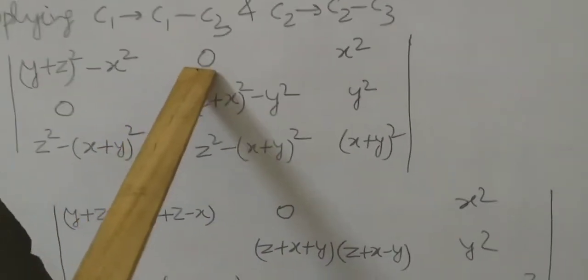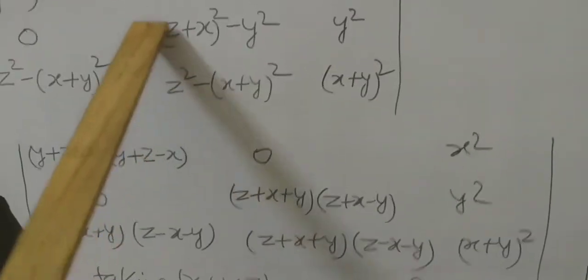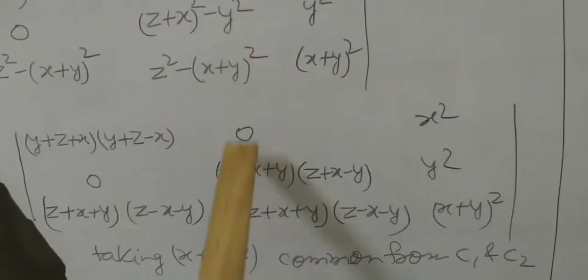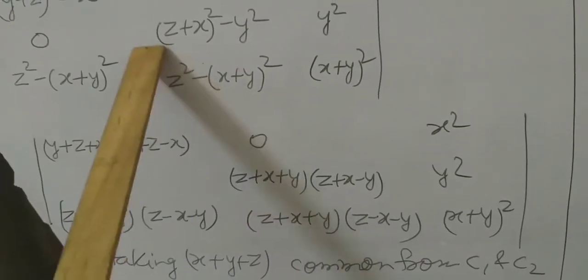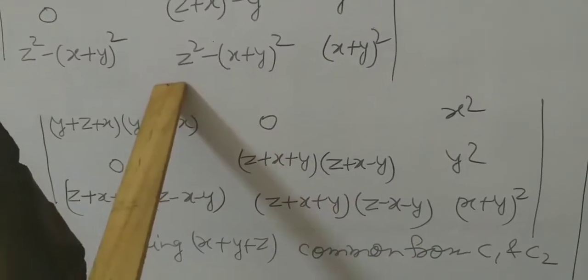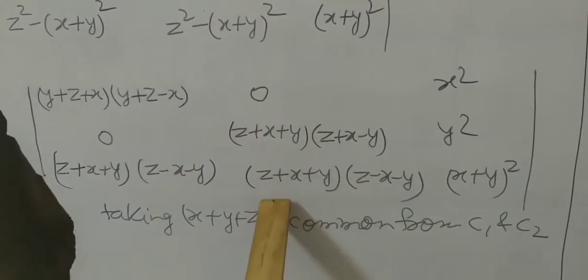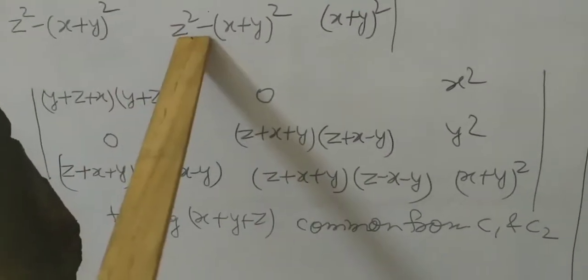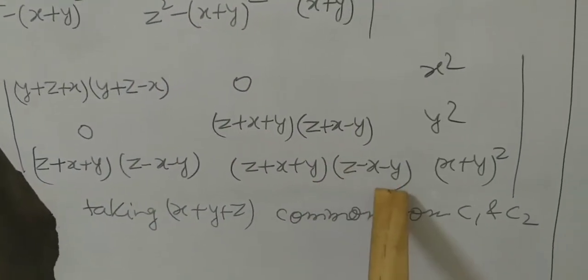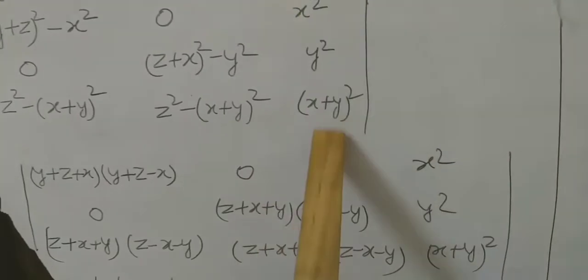Now here also 0, 0, (z + x + y) or (z + x minus y). Here also (z + x + y) or z minus x minus y, sign will be changed, and column 3 will remain as it is.